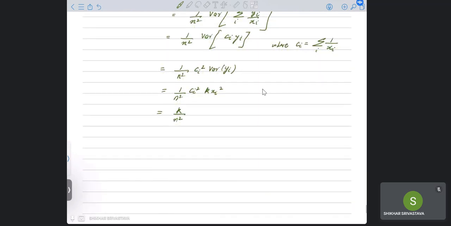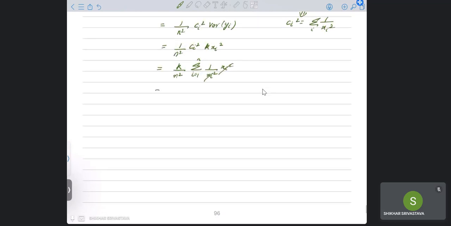Ci square is nothing but 1 upon xi square, summed over i equal to 1 to n. The xi square terms will get cancelled out.